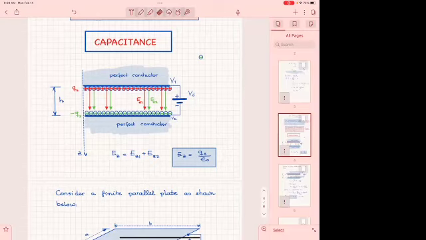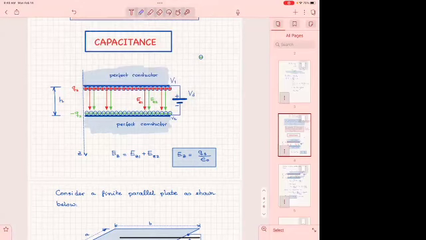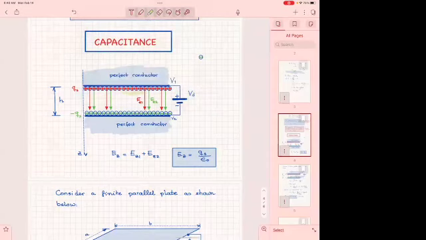So practically in here you're going to have a dielectric, which is going to fill this space.